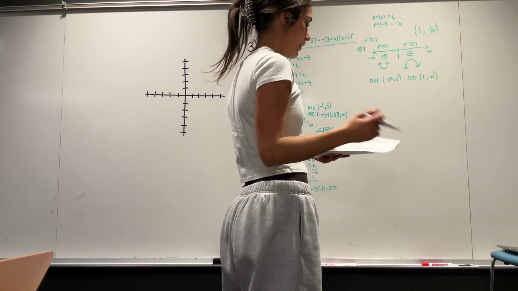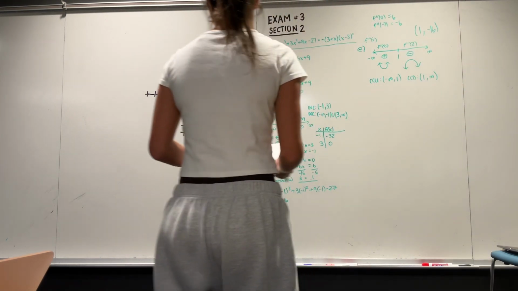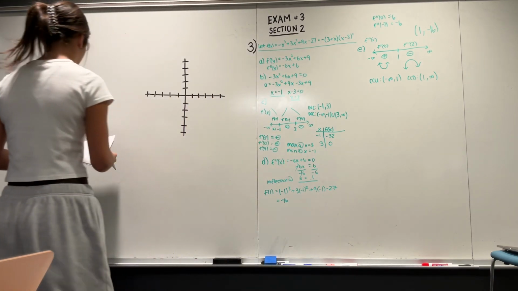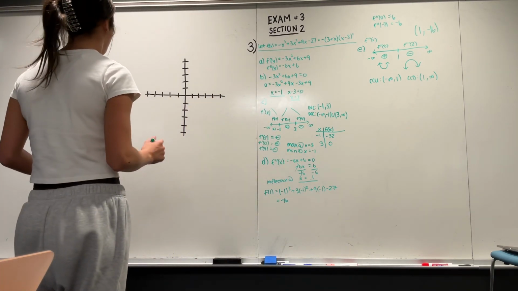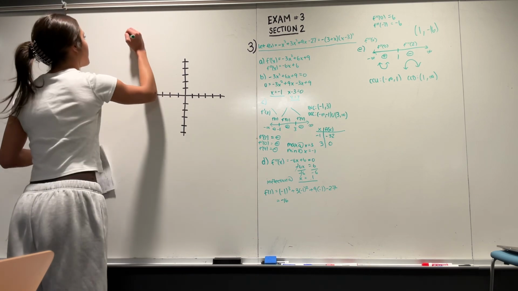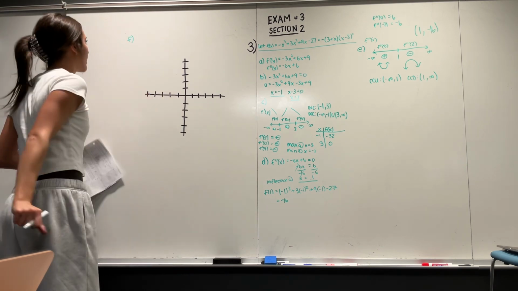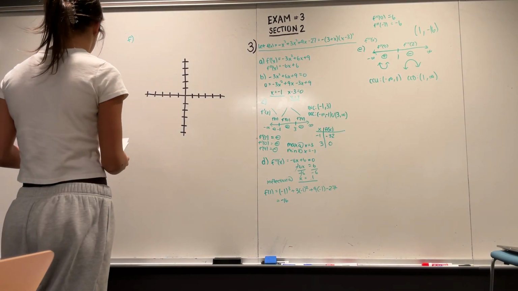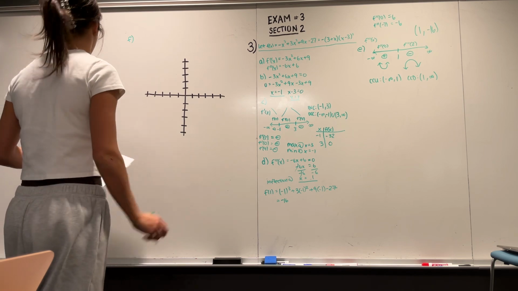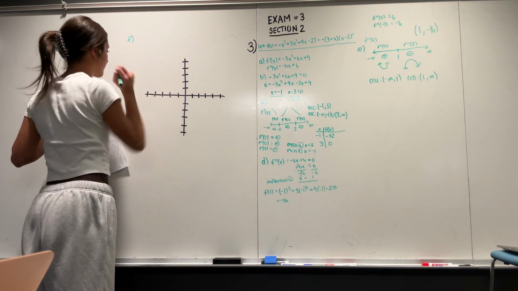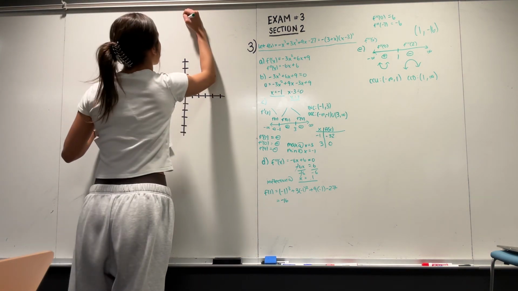And now we're on the graphing part, so we're going to go over here. I made a little graph. First we need to figure out the x and y intercepts. So the x-intercept, I guess I could do it right here.